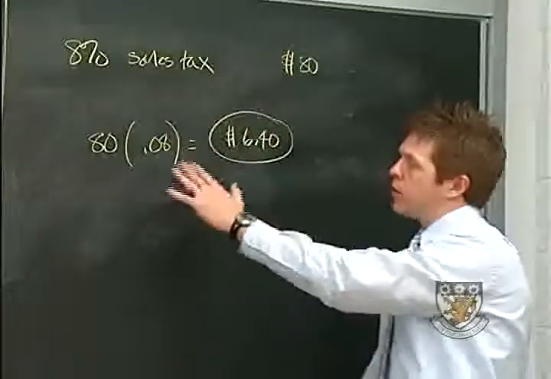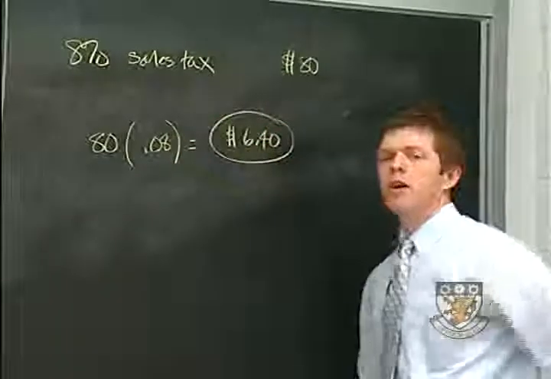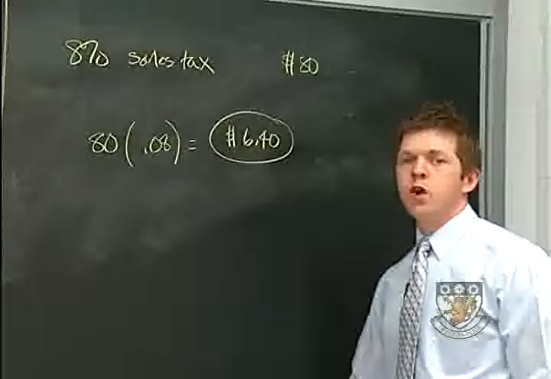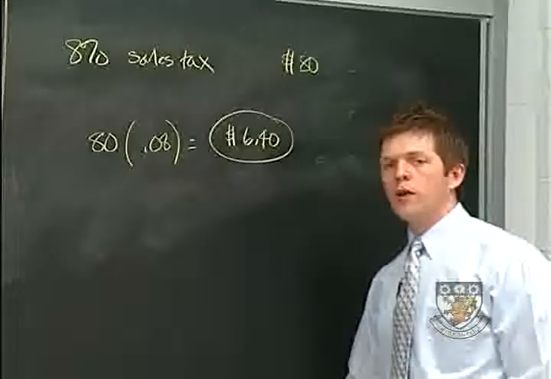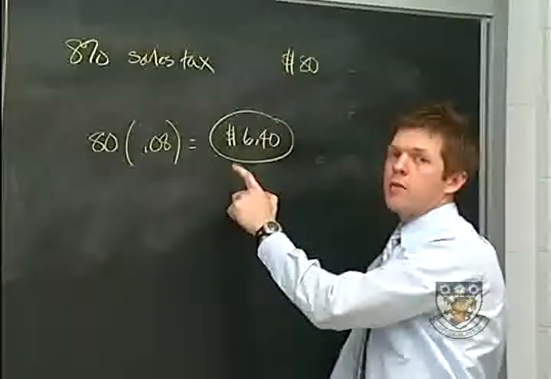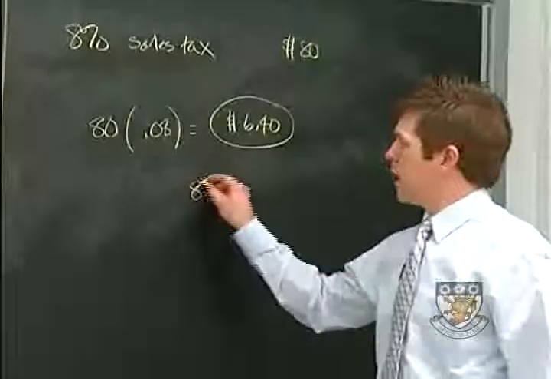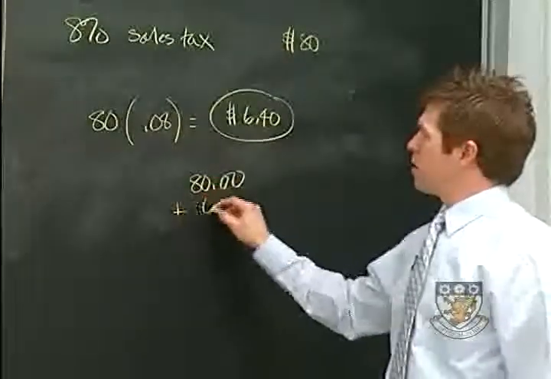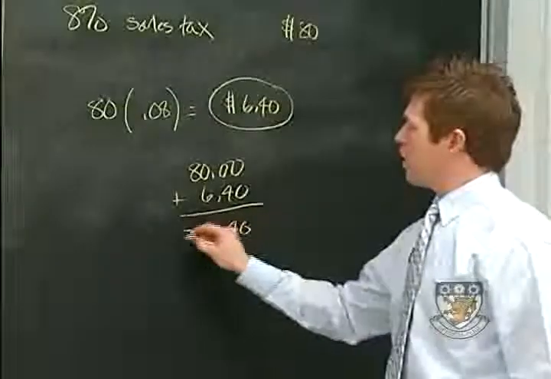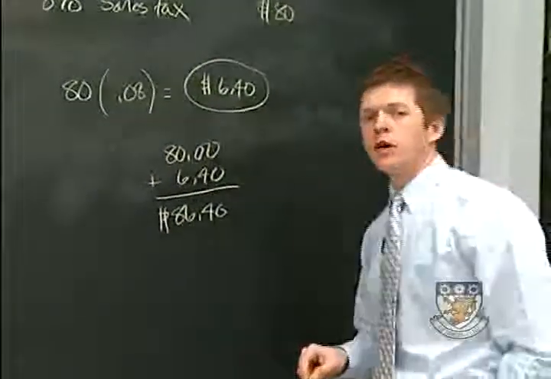You set it up properly, you multiplied it out, and you wrote down the answer, $6.40. But the problem is they ask you for the total amount. Well, the total amount you paid was not just the sales tax, but the $80 plus the sales tax. So 80 plus $6.40 gives me $86.40. So be careful whenever you're working these types of problems.